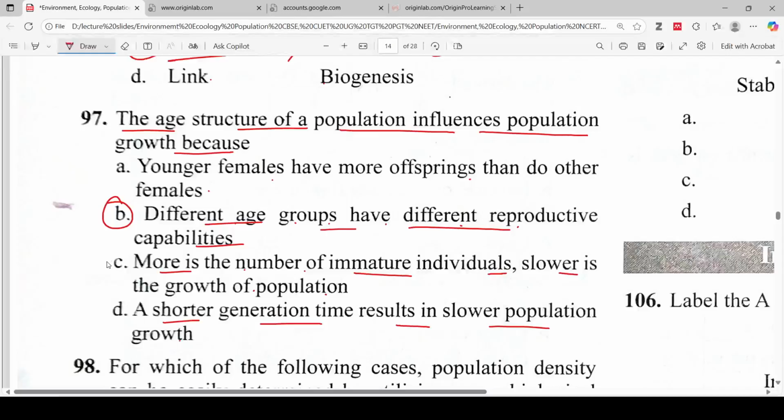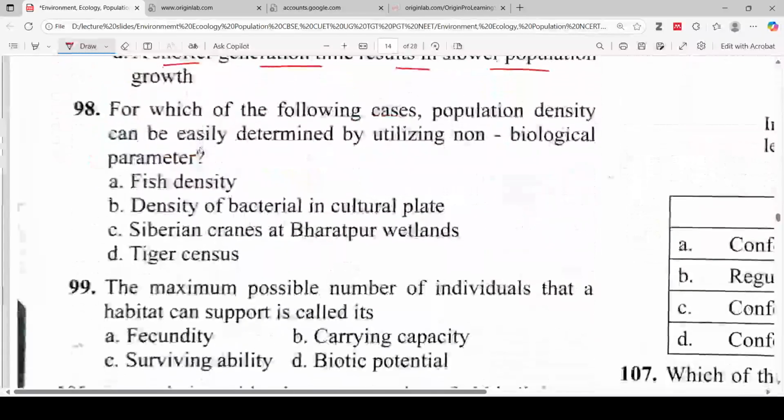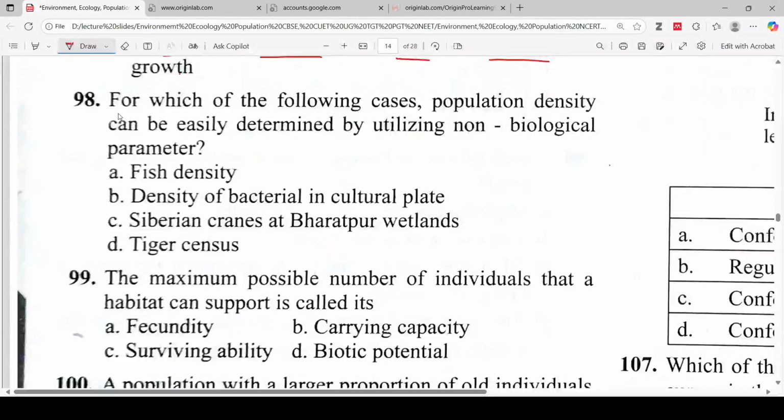So the correct option is option B. Next question. For which of the following cases can population density be easily determined by utilizing non-biological parameters? Fish density, density of bacteria in culture plates, Siberian cranes at Bharatpur wetlands, and tiger census.